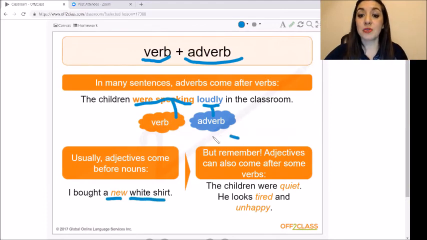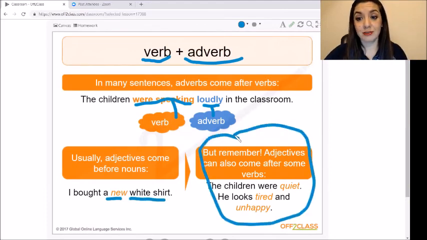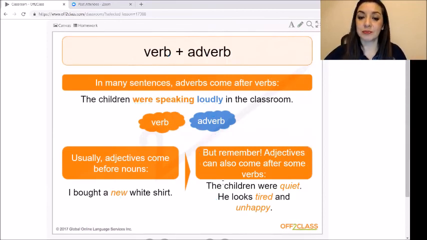Okay, but remember, adjectives can also come after some verbs. For example, the children were quiet. This is an adjective. He looks tired and unhappy. So all of these come after verbs.